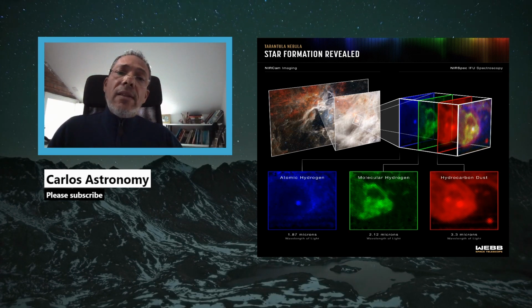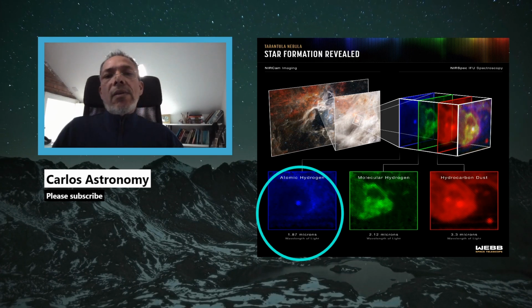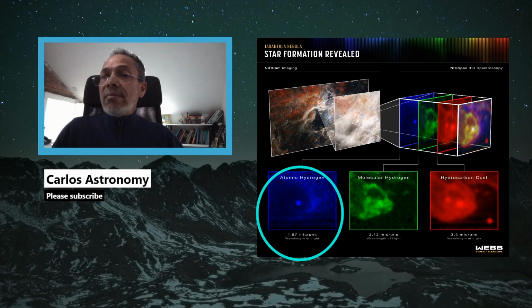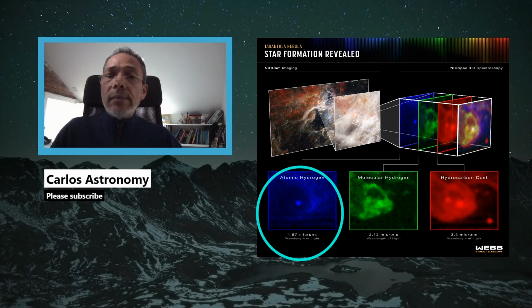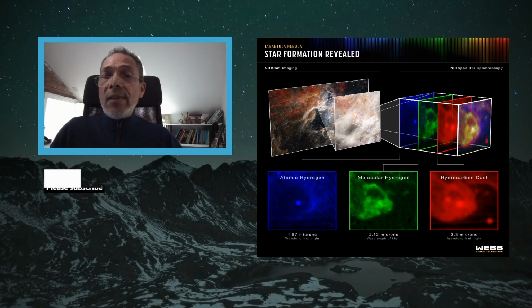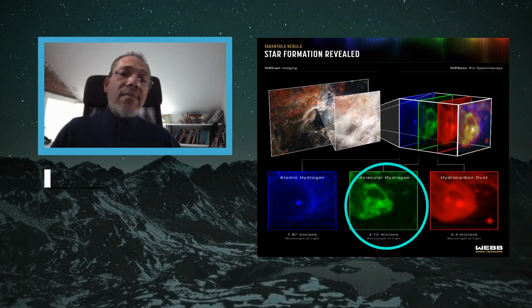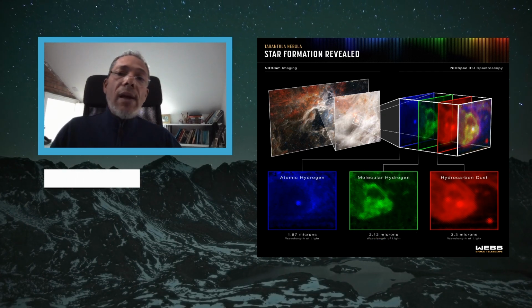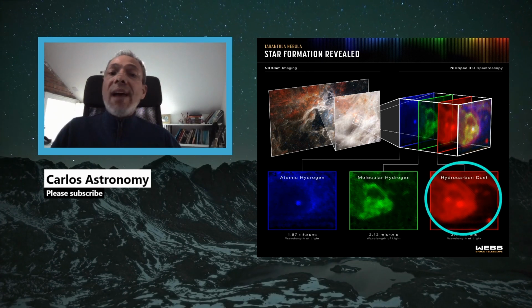If you look at this image, you can see the atomic hydrogen depicted by the blue color. This region also has molecular hydrogen as well as hydrocarbon dust.